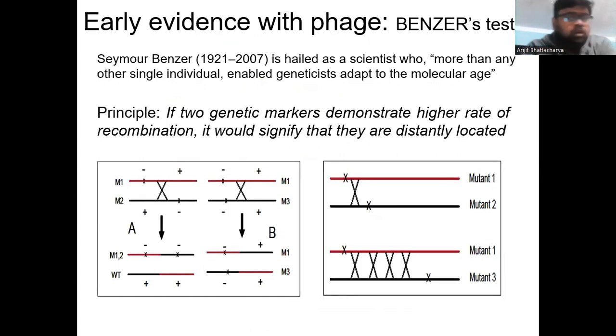Another very important group is Seymour Benzer's group, because his contribution to genetics, particularly microbial genetics, is huge. He is a scientist who is hailed as an individual who enabled the transition of genetics to the molecular age.